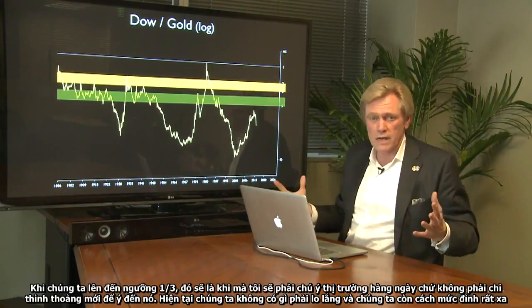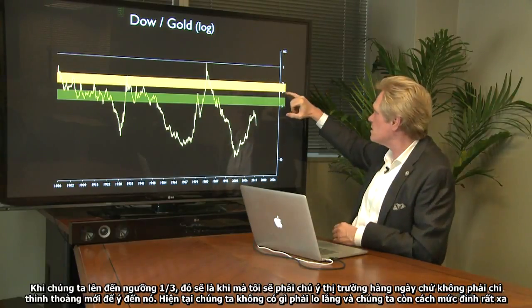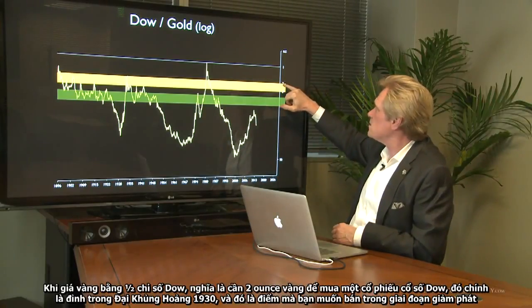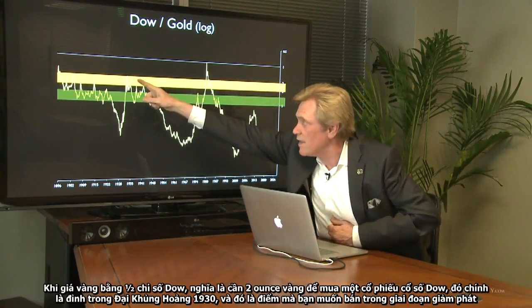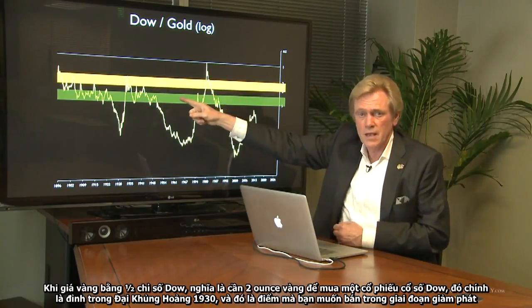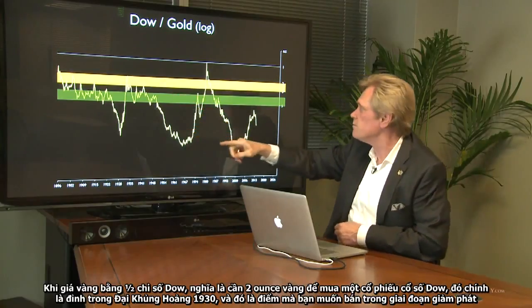There's nothing to worry about right now, so we're a long ways off from this peak. When it gets to where gold's value is half the Dow, in other words, it takes 2 ounces of gold to buy 1 share of the Dow, that was the peak in the Great Depression. And so that's where you wanted to sell under a deflationary scenario.